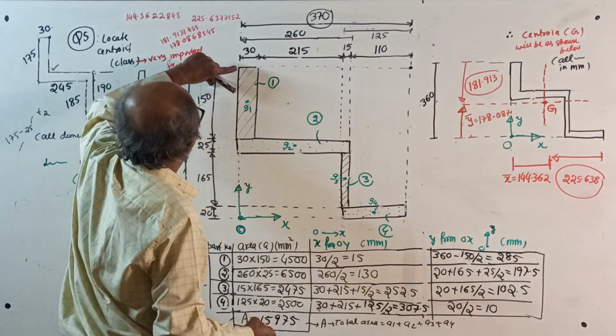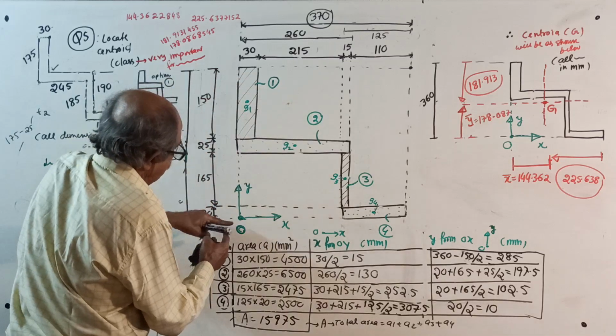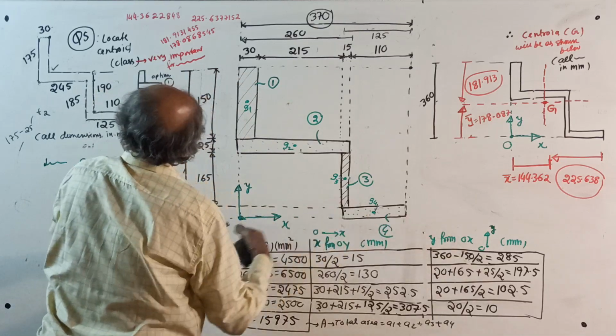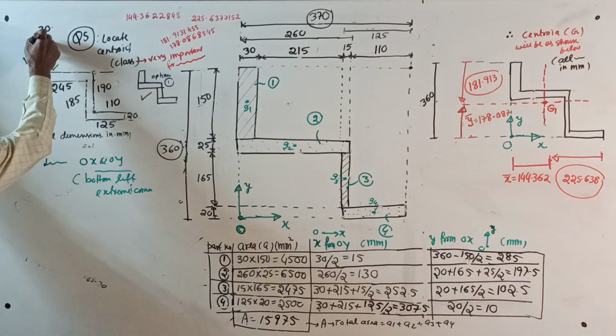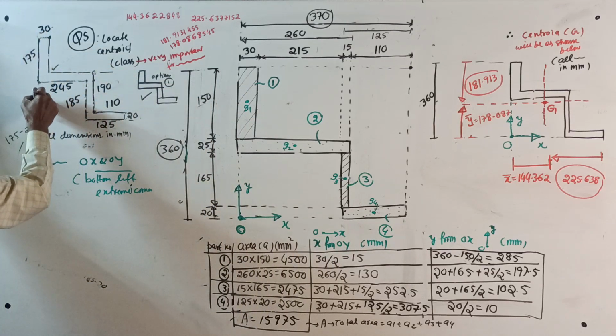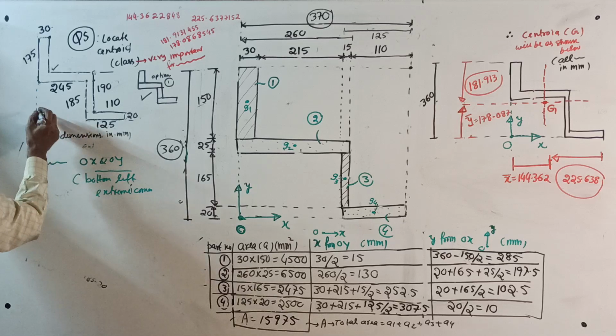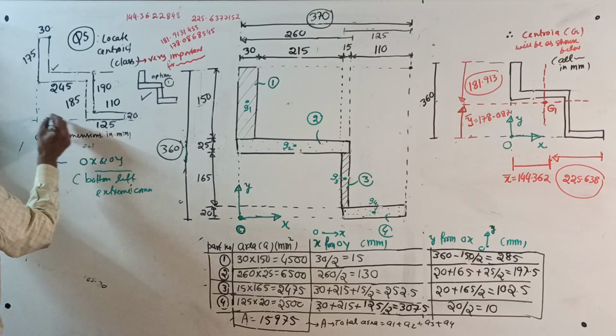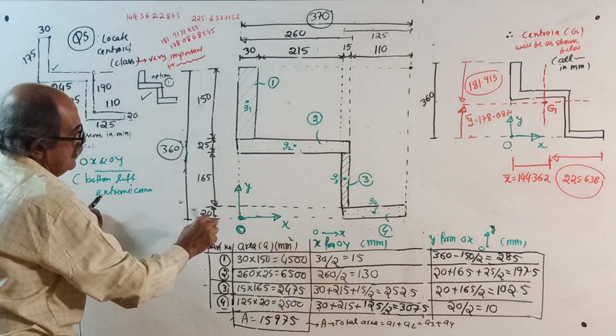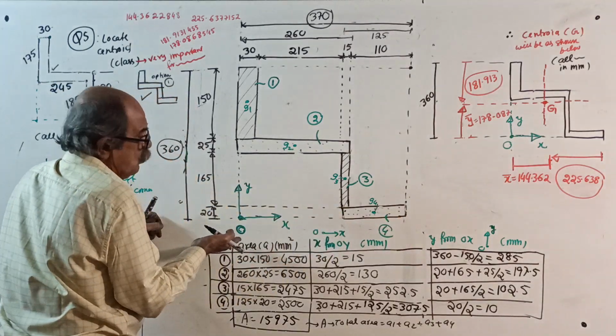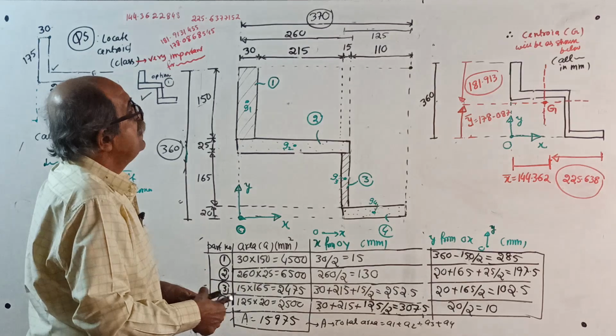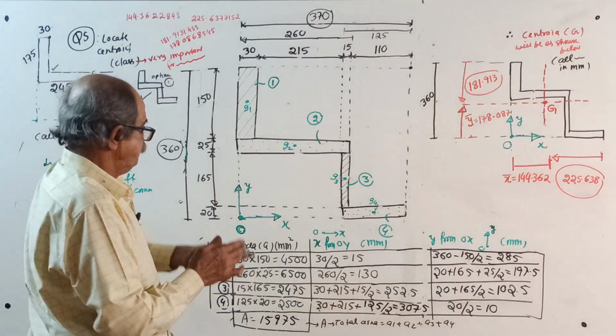See, this left extreme edge here, come here. This point, bottom: X I will take to the right side, Y I will take upward. Okay, now correctly get one by one.